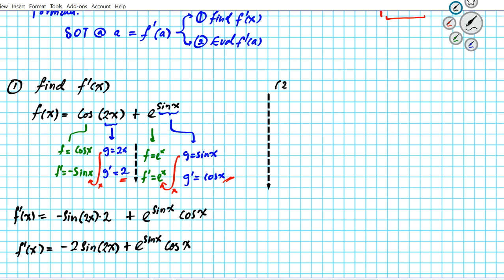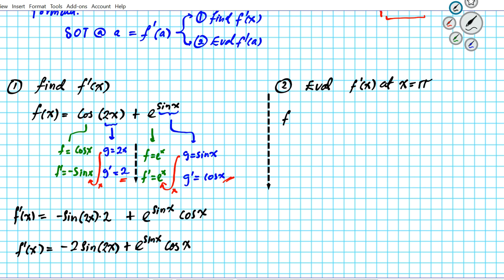And then the second part, now that we are done with the calculus step, we're now going to do the arithmetic step or the algebra step, okay? So for the algebra step, we're going to evaluate the derivative at the specified x value, which is pi, okay?